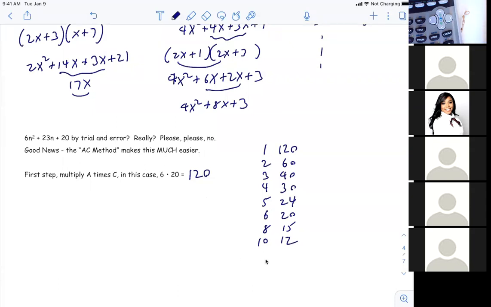And then the next would be 12 times 10. So it starts to repeat. So there's all those possibilities. We're looking for the pair here that adds up to 23. Okay, we did not make a list of how do you multiply and get 20. We made a list of how do you multiply and get 6 times 20, 120. And we're looking for the pair that adds up to 23.